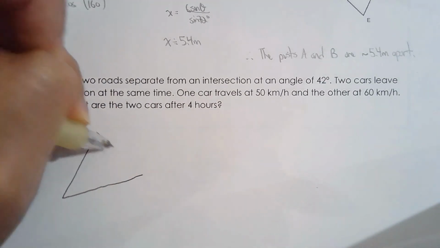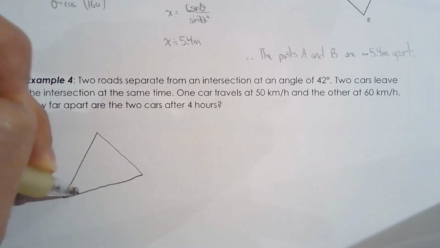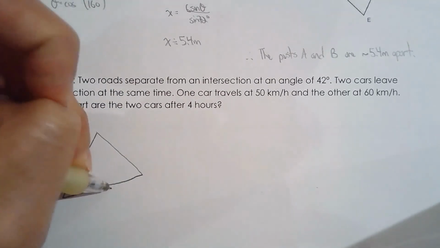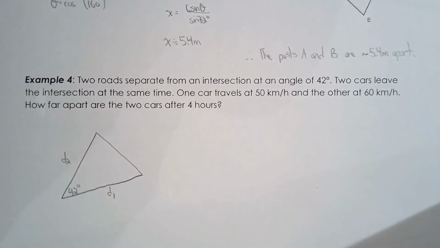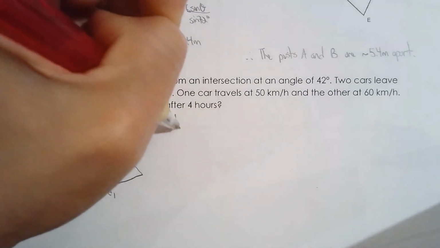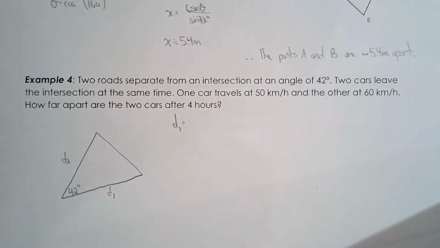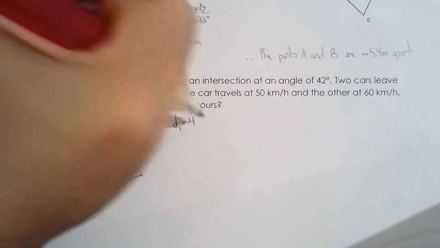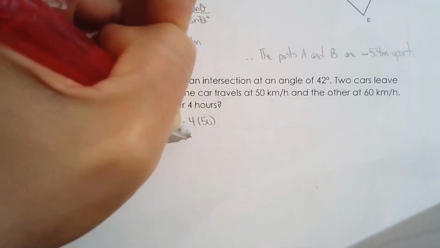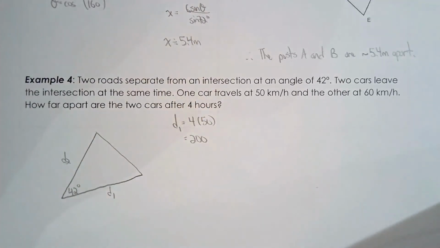So let's draw. The roads are separated at 42 degrees. One car is going at 50 kilometers per hour and one car is going 60 kilometers per hour. So d sub 1, let's say that's the one traveling 50 kilometers per hour. Distance is speed times time, so obviously we're assuming constant speed.